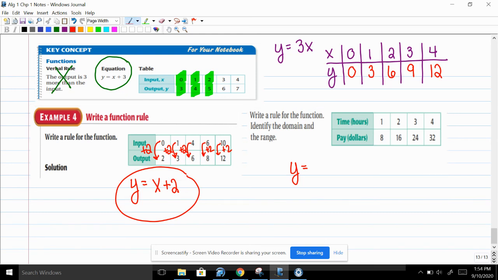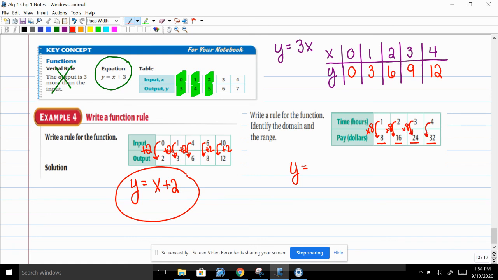Hopefully, if you look at the numbers, guys, look at my outputs. My outputs all have something in common. They're even numbers. They're divisible by 2. They're also divisible by 4. They're also divisible by 8. They are multiples of 8. 1 times 8 is 8. 2 times 8 is 16. 3 times 8 is 24.